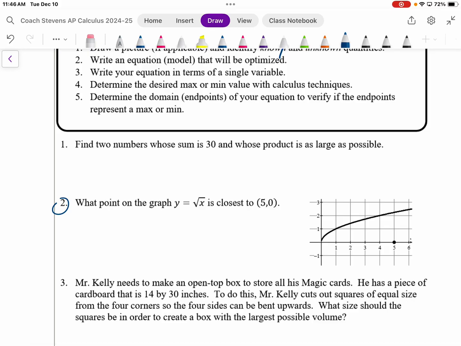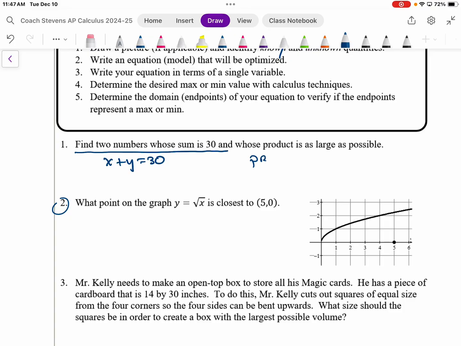So here we go. Find two numbers whose sum is 30 and whose product is as large as possible. So first off, we go as follows. Two numbers whose sum is 30: x plus y equals 30. Their product is as large as possible.